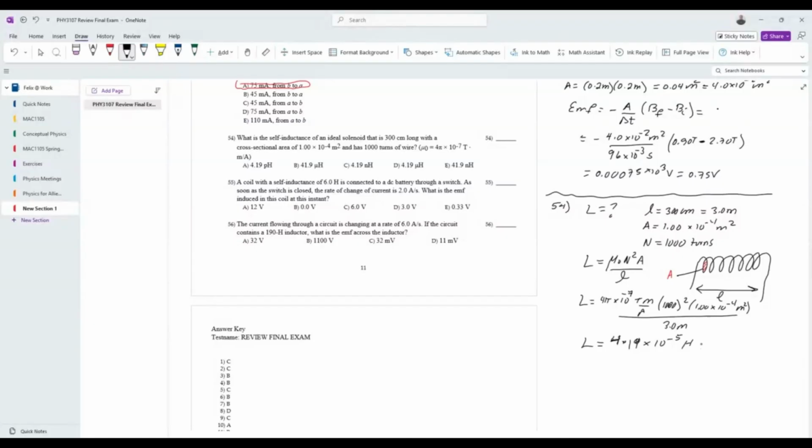So I can move the decimal point one place to the right and get 41.9 times 10 to the negative 6 henry. 10 to the negative 6 is micro. So this will be 41.9 microhenry, which is answer B.